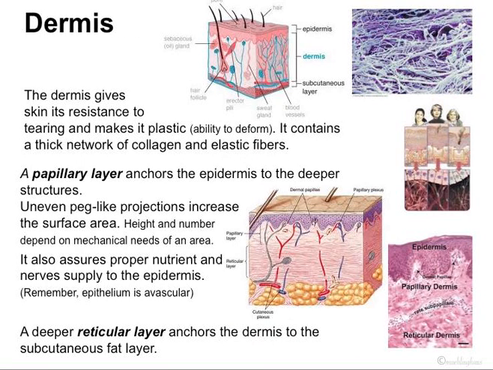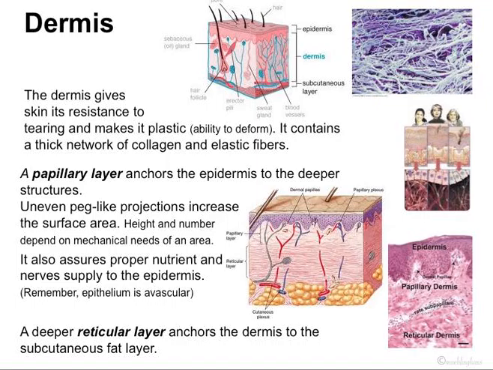When we then get to the dermis, it gives the skin its resistance to tearing and makes it plastic, which is its ability to reform. It contains a thick network of collagen fibers, but also elastic fibers. When we look deeper into it, we have a papillary layer, and that's the top layer that anchors the dermis to the deeper structures.